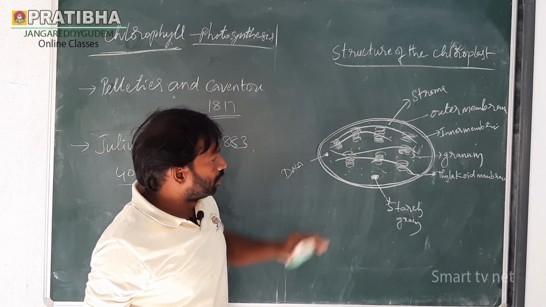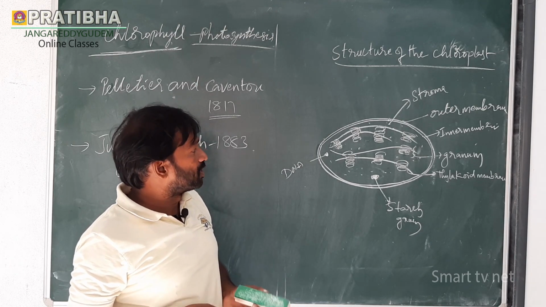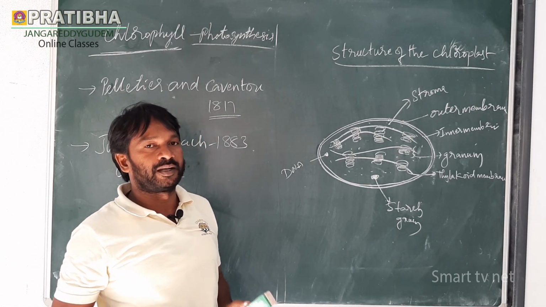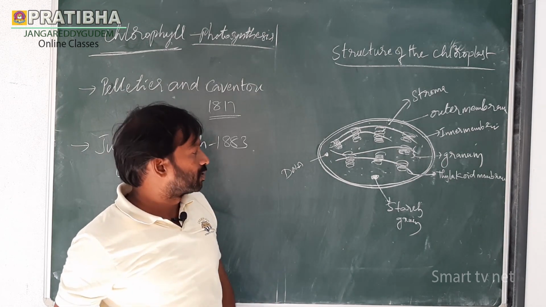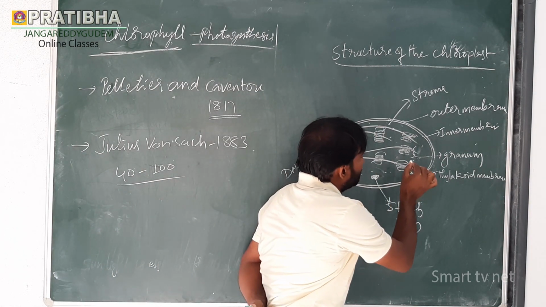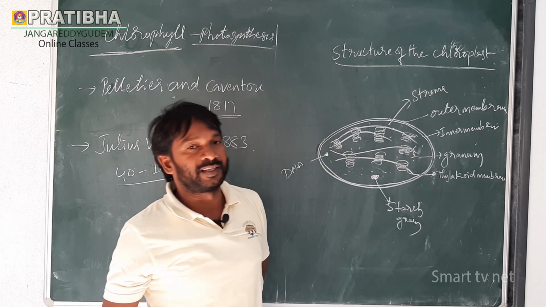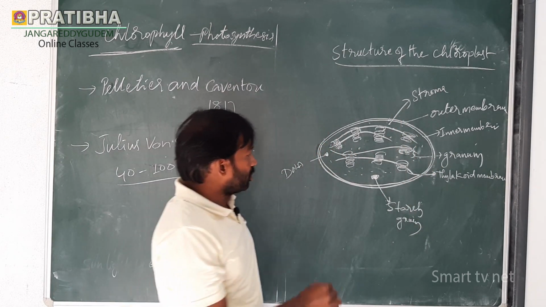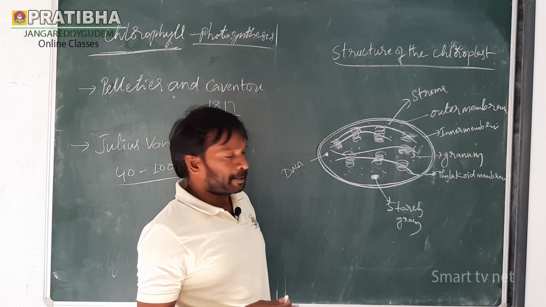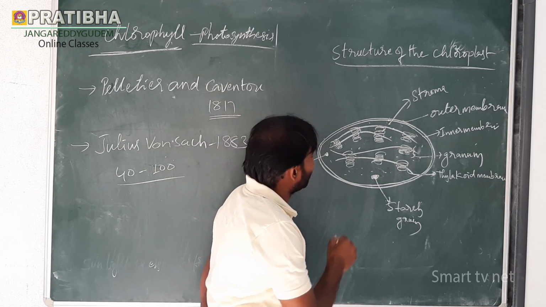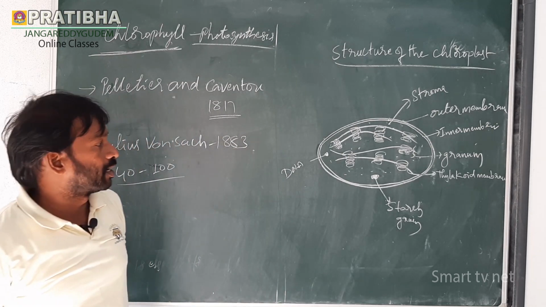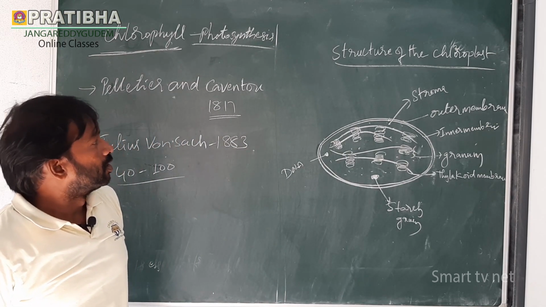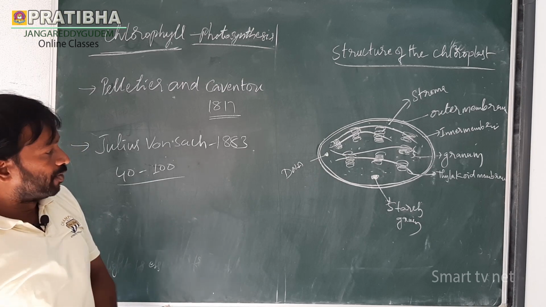In the photosynthesis process, there are two phases. The first phase is the light reaction or light dependent reaction, which takes place on the granum of the thylakoid membrane. The other phase is the dark phase, which takes place in the stroma of the chloroplast. Totally two phases occur in the structure of the chloroplast.